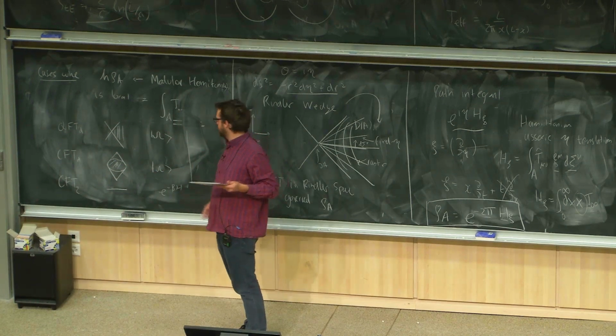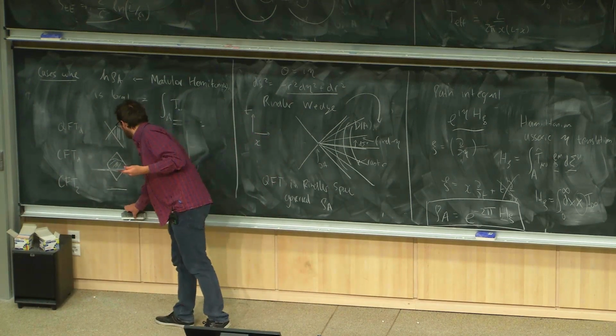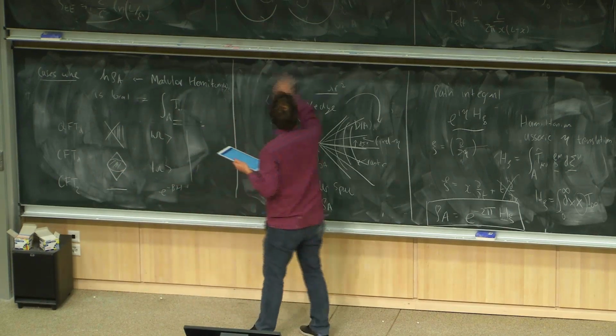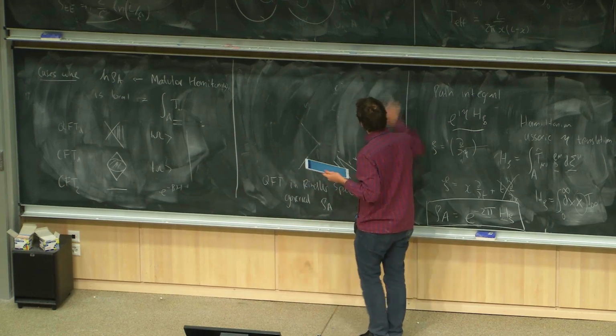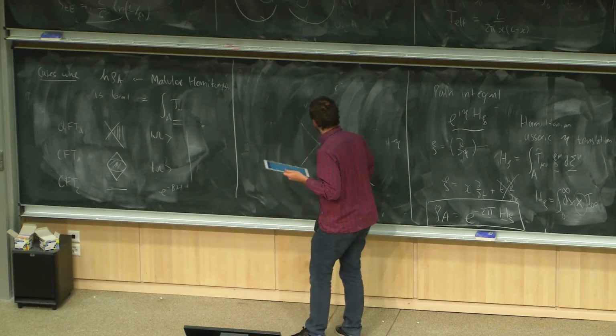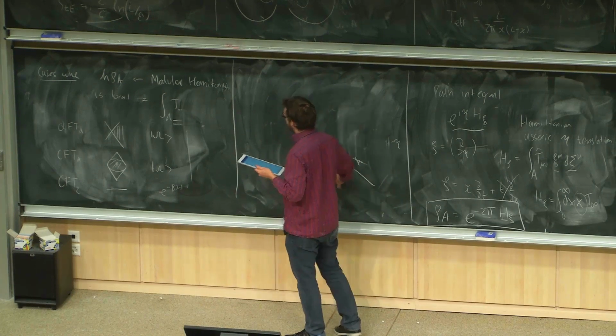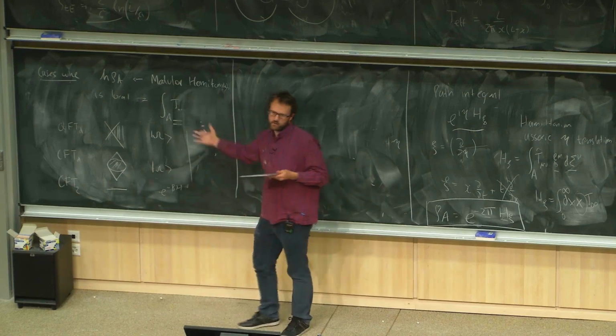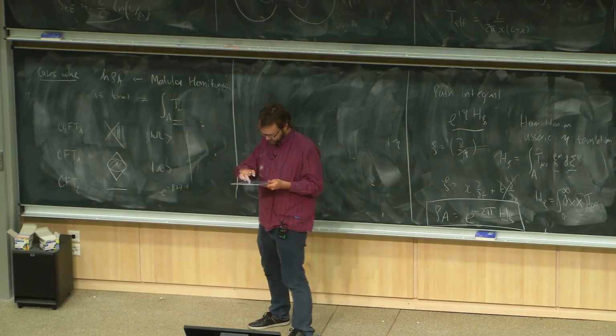A classic example is the Hartle-Hawking vacuum of a black hole, which gives you a local modular Hamiltonian, which is just the energy, which is just an integral of the stress tensor outside of the black hole. So there's a bunch of cases, but it's limited, right? There's a bunch of cases, but it's limited.